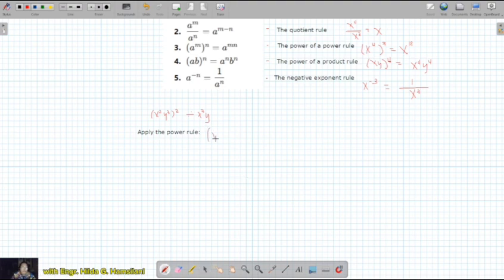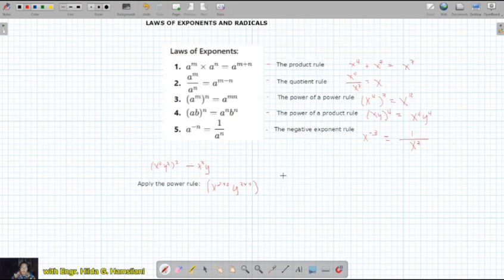First, we multiply x inside to the exponent outside. 2 times 2. And then we have y, 3 times 2. So we use the power of a product rule, the power rule.